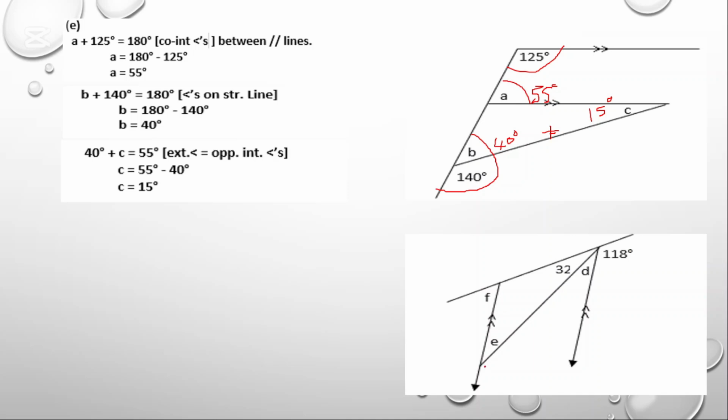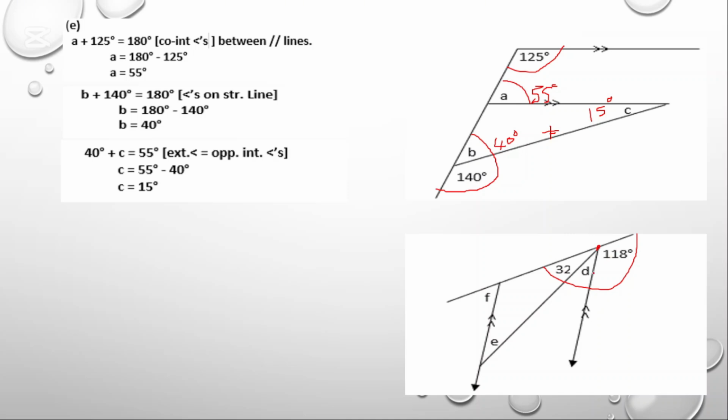Again, we have two parallel lines, and we have, of course, now maybe alternate angles, corresponding also, co-interior, right? But I can see here I have a vertex. These three angles here, they are all adjacent on a straight line, and they add up to 180.